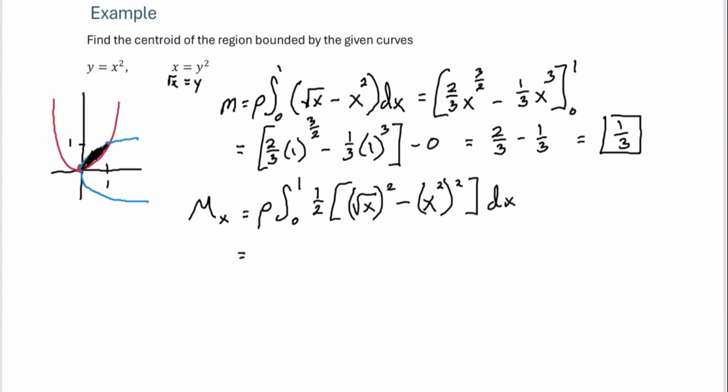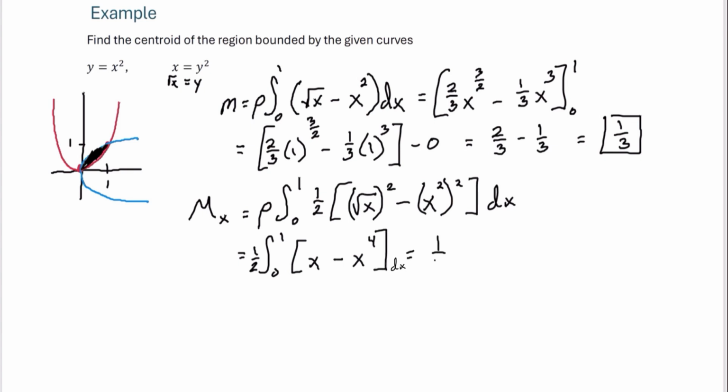Rho again is 1, so we'll just drop that. The integral, we'll pull 1/2 out front. Square root of x squared is x, and x squared squared is x to the 4th.